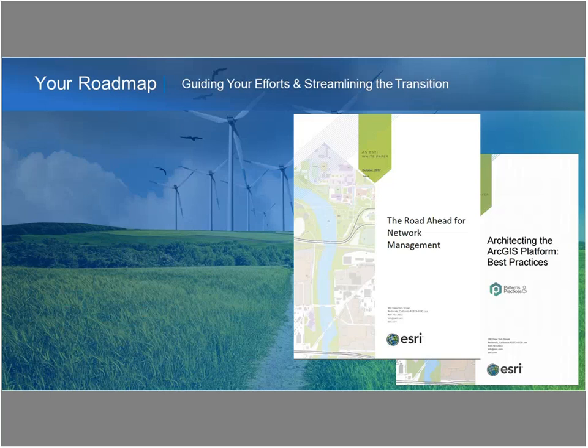This image here shows you a couple documents that we've published and have updated regularly, one related to overall ArcGIS platform architecture best practices, and another one known as the roadmap or the road ahead for the utility network.